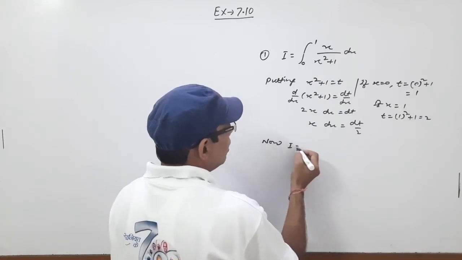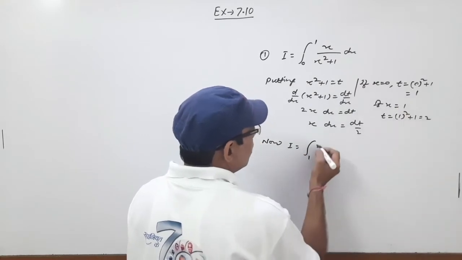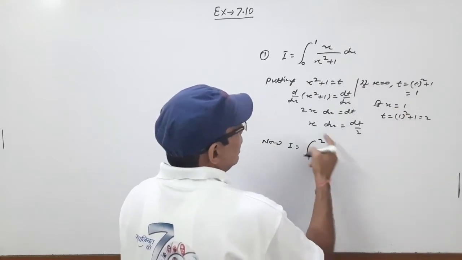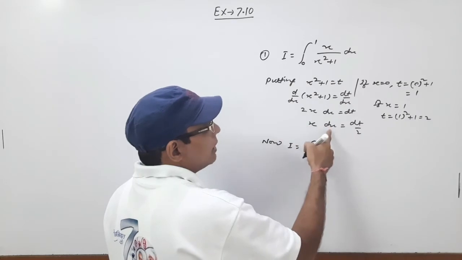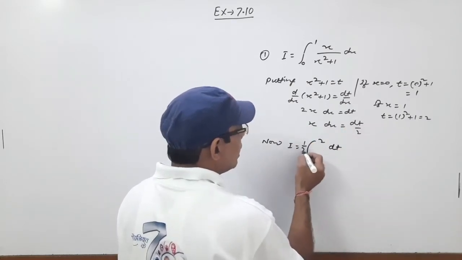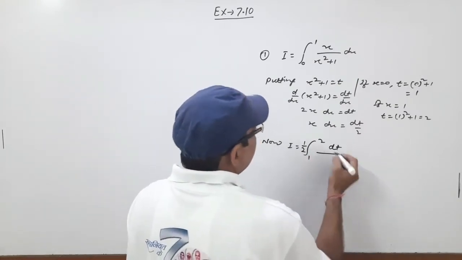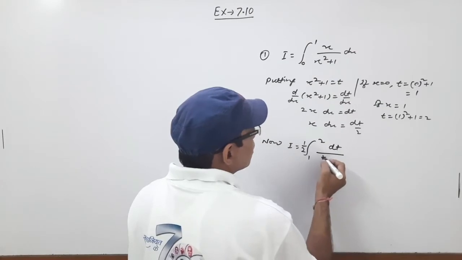Now the integral becomes, the limit is now from 1 to 2, and the value of x dx is dt by 2. Dt by 2 means we can write 1 by 2 outside the integral, and upon t.